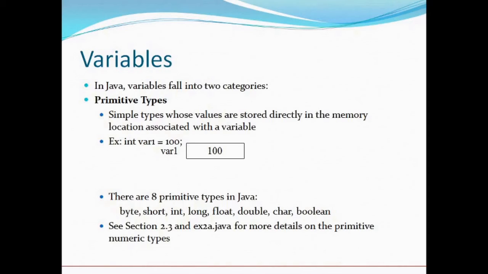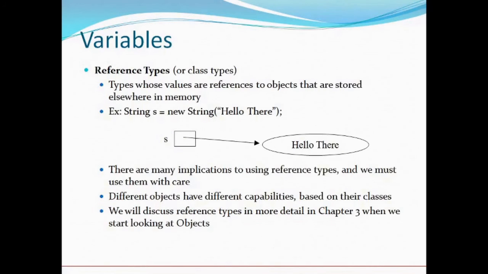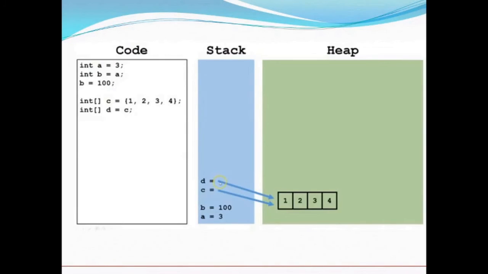But if you want to store a reference data type, like a string, the variable will be stored in the stack, but the value will be stored on the heap, another data structure. Now we will delve closer into this.